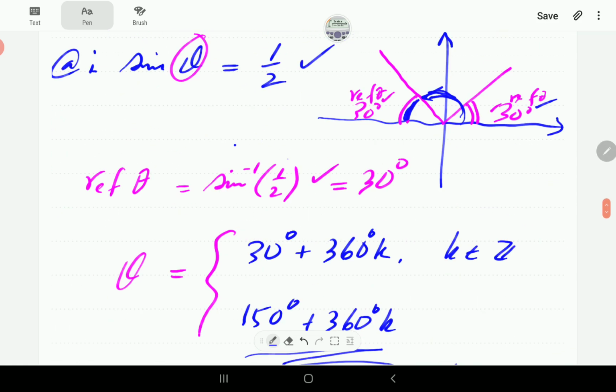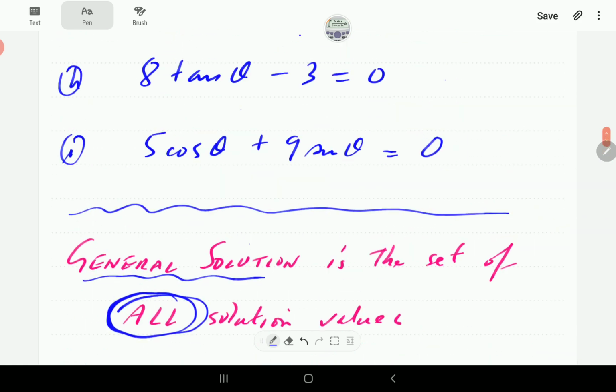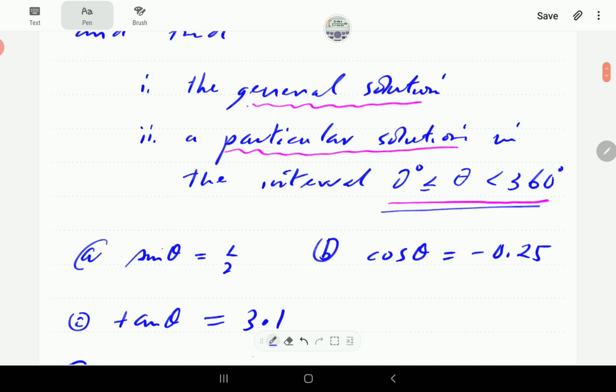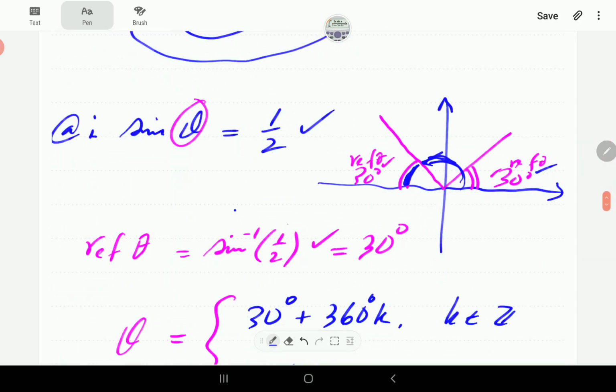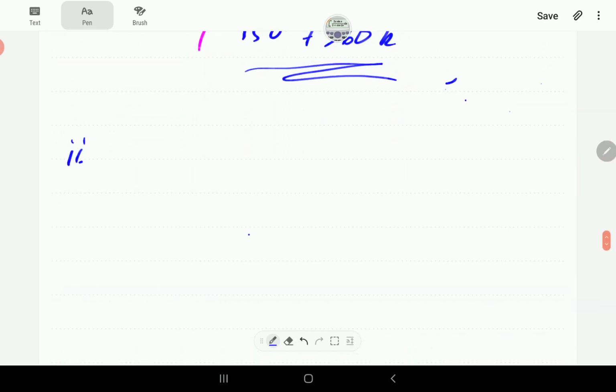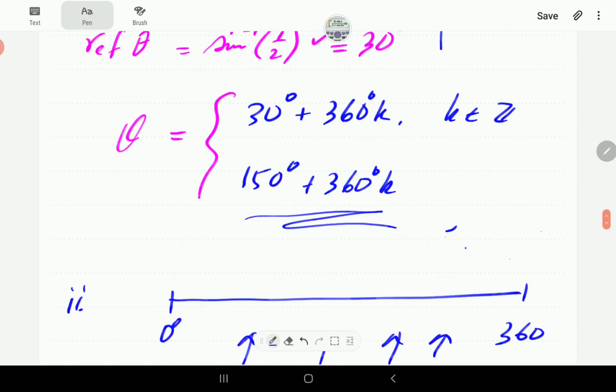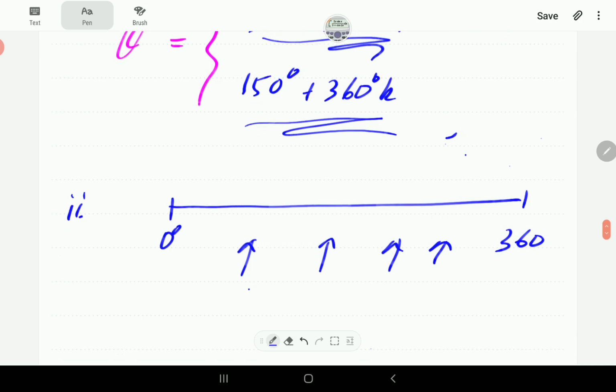Okay, then in part 2, is it part 2 or part B? Yes, in part 2, we only want the solutions in the interval 0 to 360. So if I do a number line, 0 degrees here, 360 here, we only need solutions in this interval. So we're going to go back to our general solution.